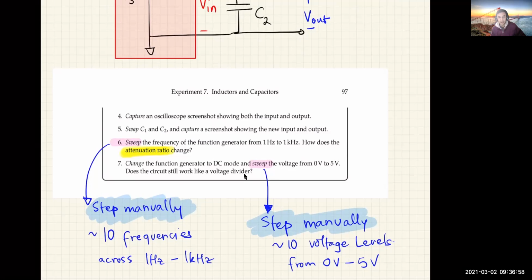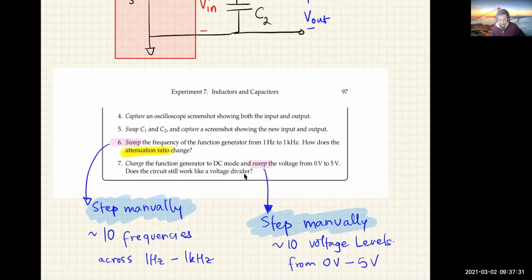But that's not going to be helpful to you as you can't see the behavior of the circuit at each individual frequency point. So what you really need to do is set a frequency to some value, measure the peak to peak of the input and output and calculate the attenuation ratio, change the frequency to something different, and then keep doing that for at least 10 frequencies between the range 1 Hertz and 1 kilohertz.